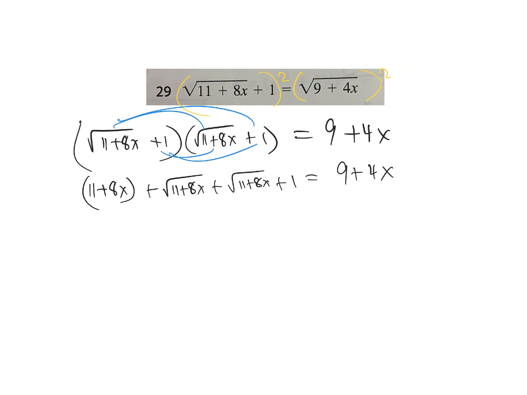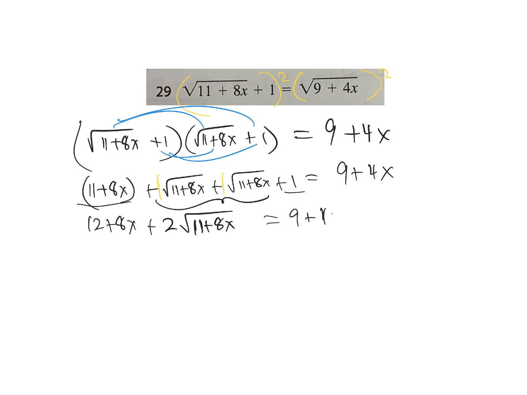All right. The 11 plus 8x plus 1, that's going to be 12 plus 8x. And these two go together because they're identical. Remember, the coefficients, add those together, we get plus 2 square root of 11 plus 8x. Radicals act like variables. If they're the same, you just add or subtract the exponents.